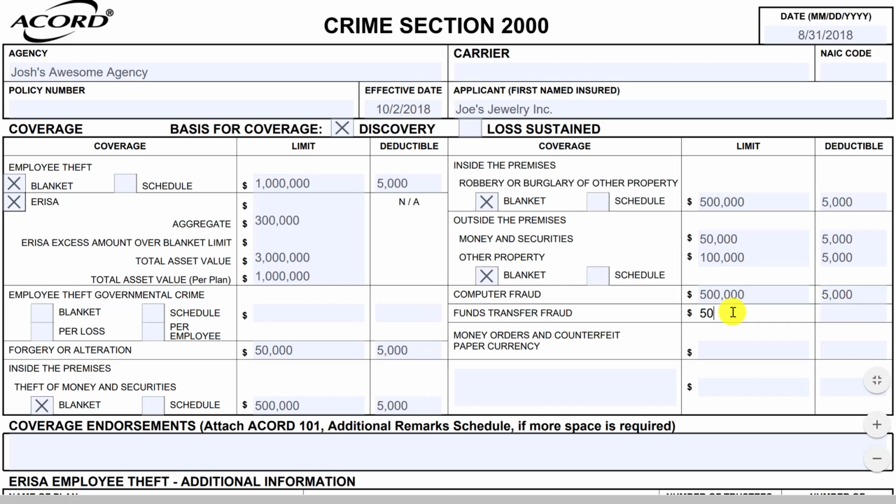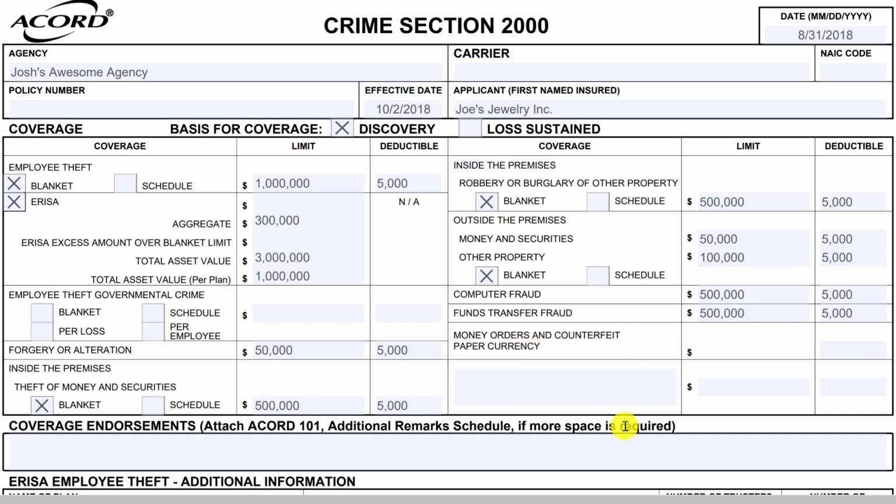Again, here's where you want to make sure that your carrier doesn't have a sweet little exclusion where if the principal or partner or owner acts in conjunction or approves the fund transfer, that it's not covered, because that of course kills that whole phishing attack that a lot of people are doing with social engineering I mentioned before. So make sure that either you can endorse that on where that would be covered, or make sure and explain that to the insured if that isn't covered in terms of funds transferring with a fake email.